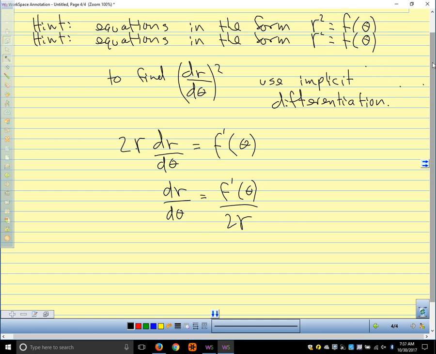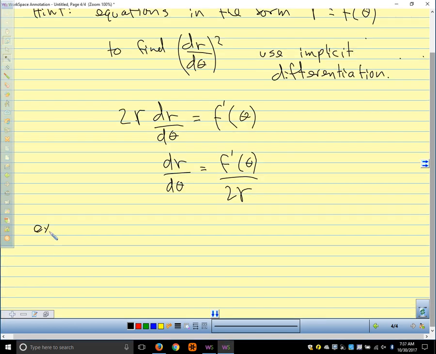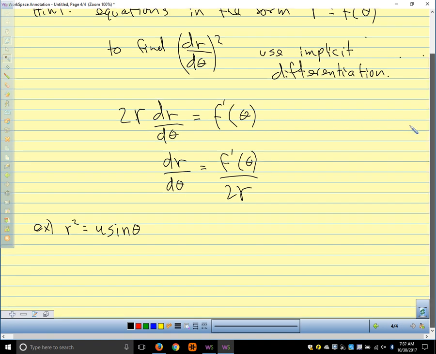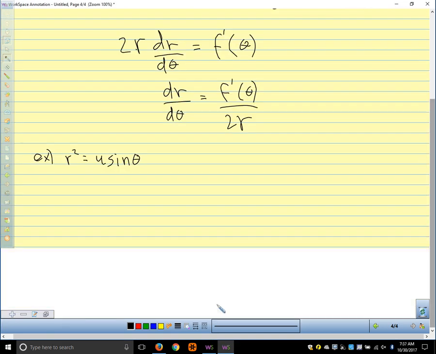So let's look at an example. Let's say we had r squared equals 4 sine theta. For our surface area of revolution, we need the dr d theta squared. So 2r dr d theta equals 4 cosine theta.